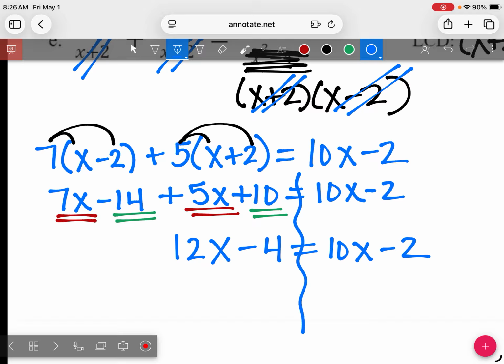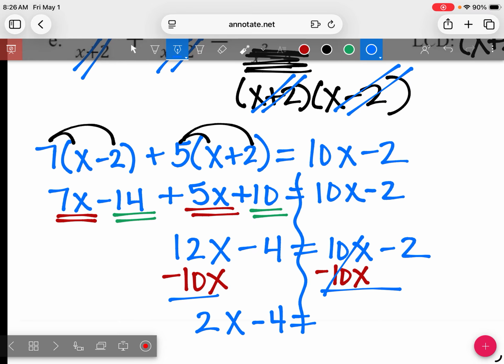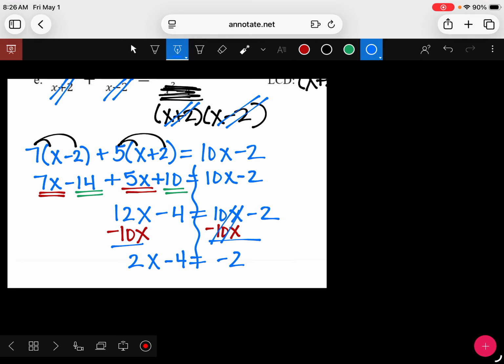All right. So now, you can subtract the 10 or you can subtract the 12. I usually like to move the smaller number, so I'm going to move the 10. Which is going to be 2x minus 4 equals a negative 2.